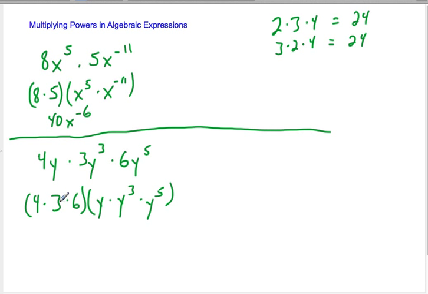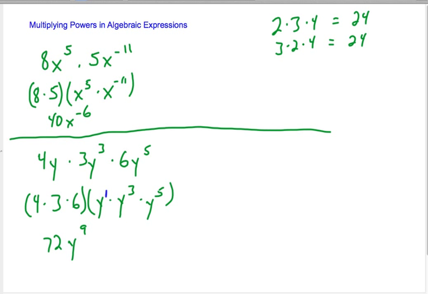So 4 times 3 is 12, times 6 is, what, 72? And then y by itself, keep in mind that when there's no exponent there, it's not a 0, but there's a 1 there. Anything without a power is always considered being to the first power. So keep that in mind. So when we add up these powers, we have 1 plus 3 plus 5, which is 9. So 72y to the ninth.